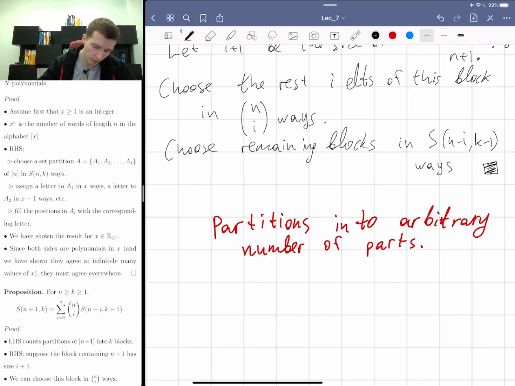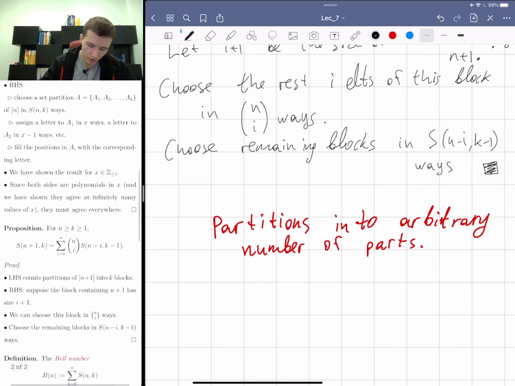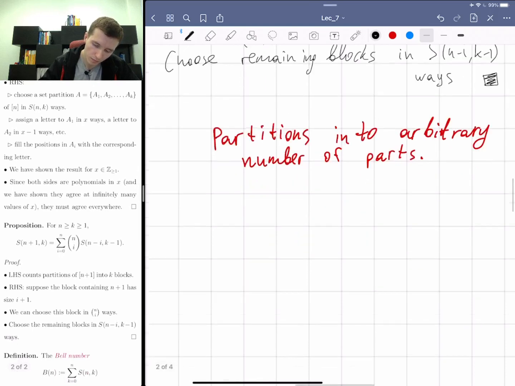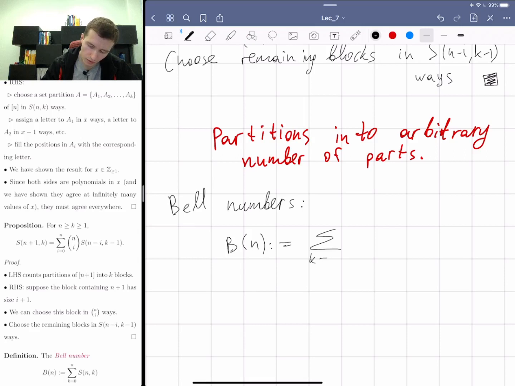These are counted by Bell numbers. The Bell numbers are, by definition, B(n) equals the sum over k from 0 to n of S(n, k).